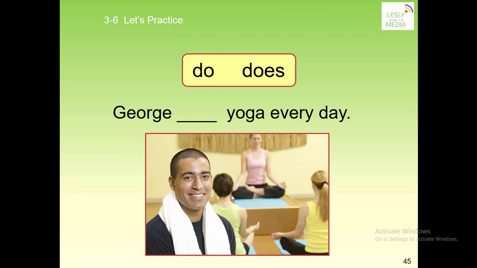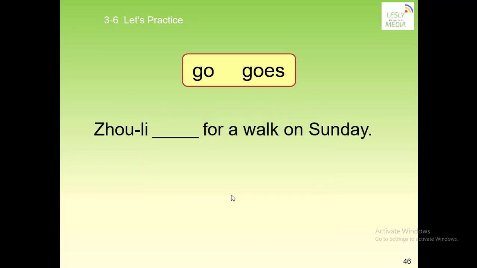Okay, let us practice. George blah blah blah yoga every day. Do or does? Yeah, does. Why does? Because here the subject is George and the pronoun of George is he. So the answer is does. Yeah. Okay, next. Zoe blah blah for a walk on Sunday. Go or goes?